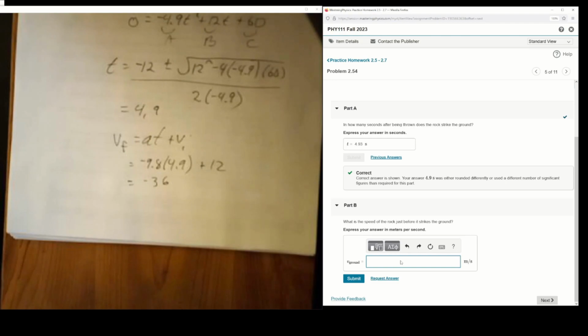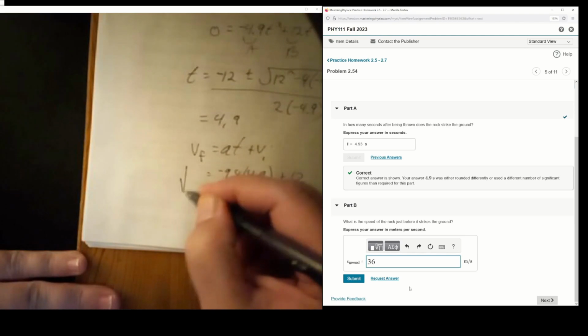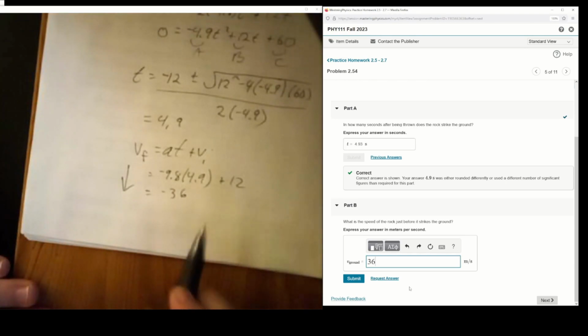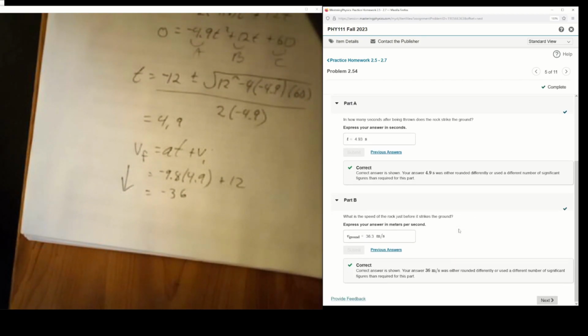And just because I'm really curious, this velocity going down, that's a negative velocity. You can see the math gives us the negative number. What if I put in positive and it takes it? And that's that one.